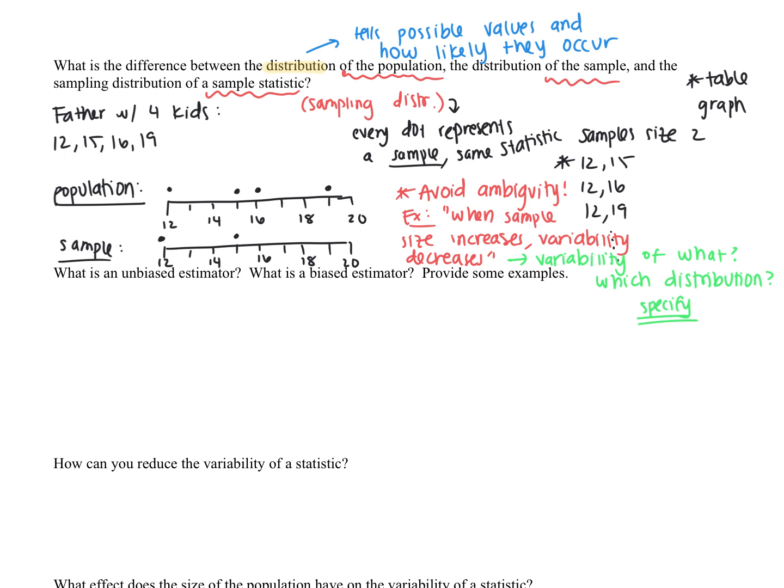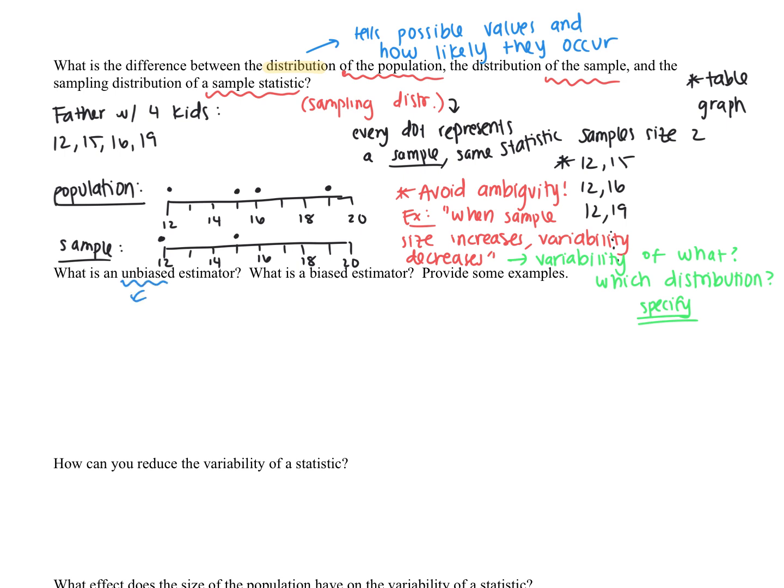Okay, we got a few more things, and then we are done with notes for today. We've used the terms biased and unbiased quite a bit, but we haven't written down any definitions. So I want to put into words what is a biased estimator and an unbiased estimator.